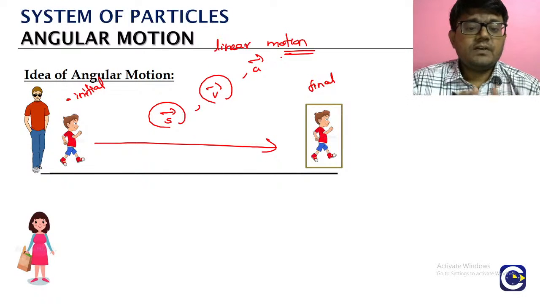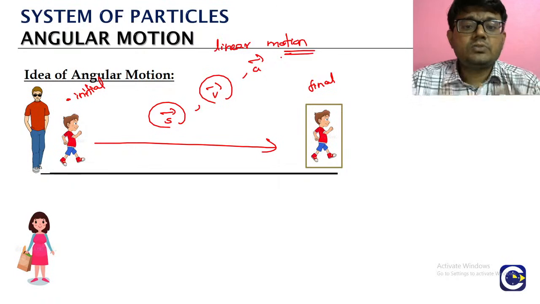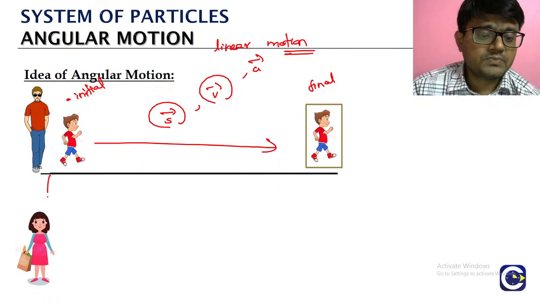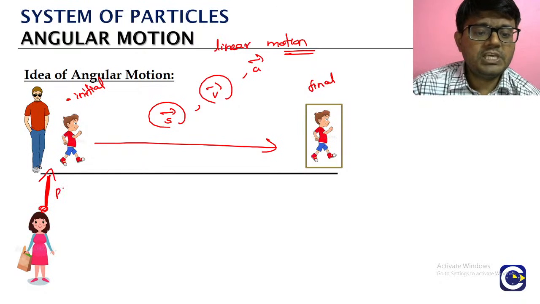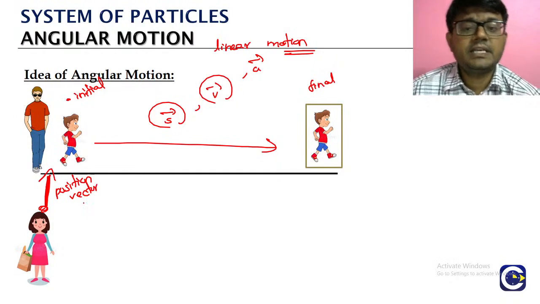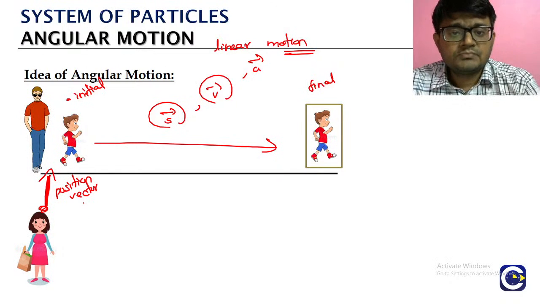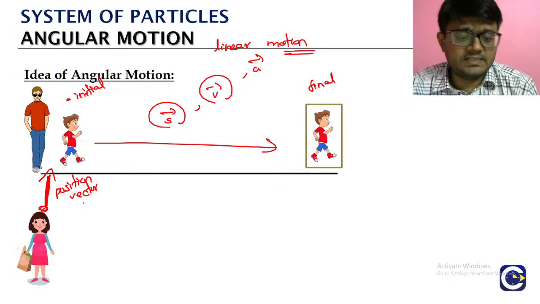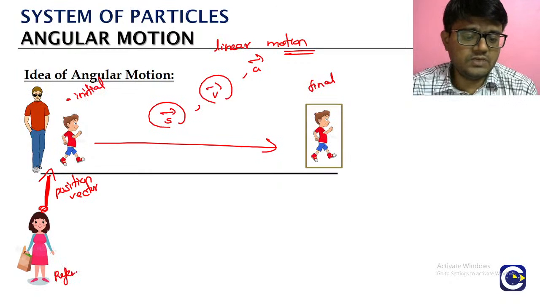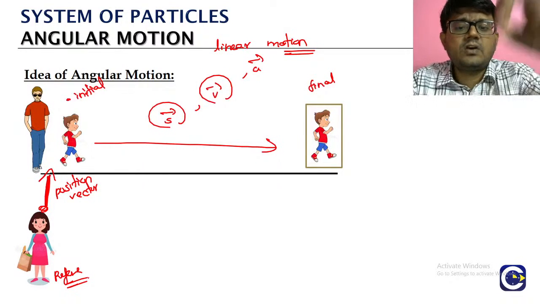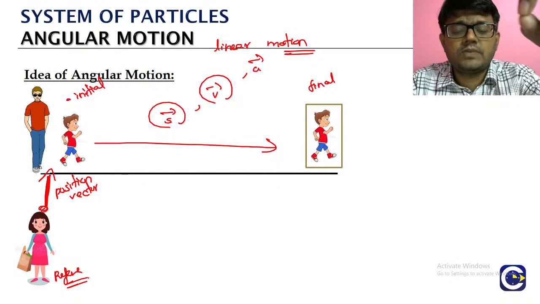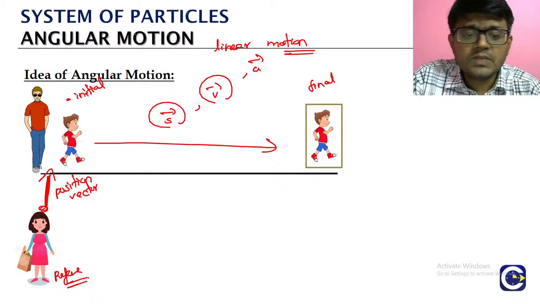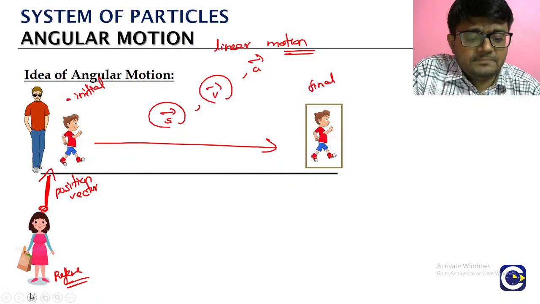But when the mother studies the motion, consider the position vector of the boy. The position vector is the line joining the reference to the boy. The reference is the mother, so we draw a line from her to the position of the boy. That is what we call the position vector. Initially the position vector is there.